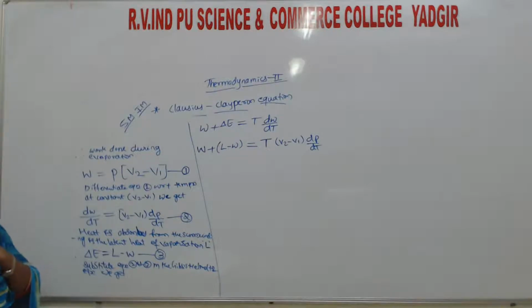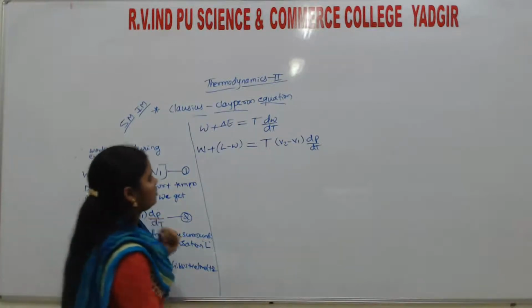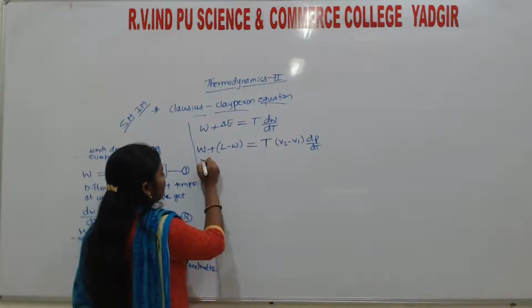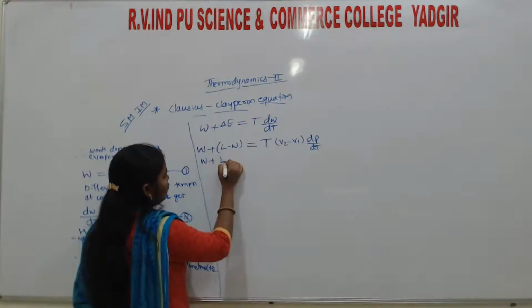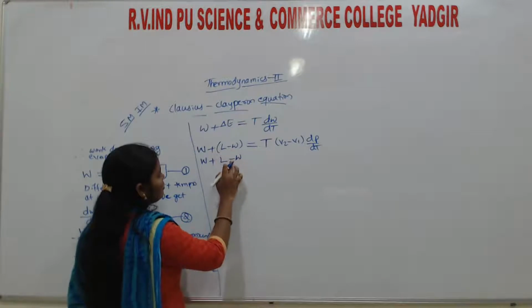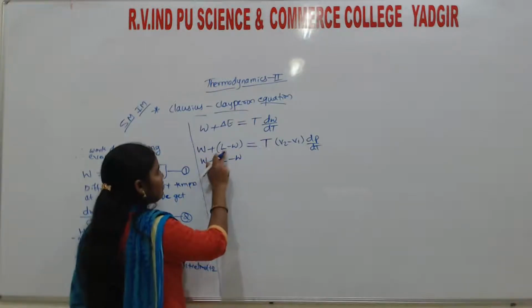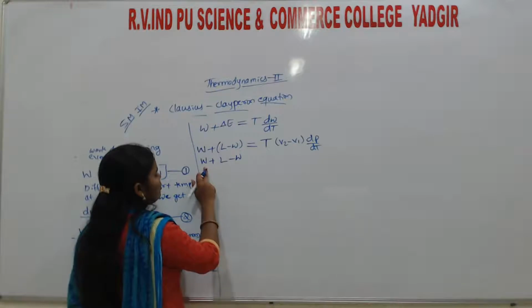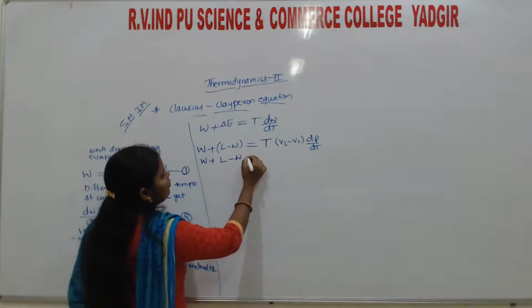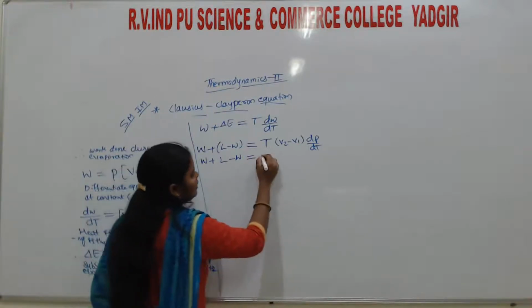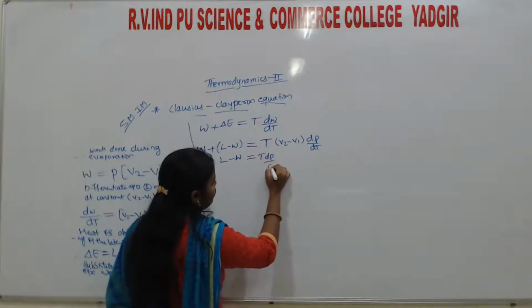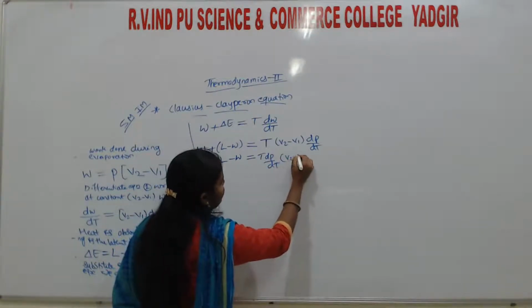Finally you get L is equal to T dP divided by dT into V2 minus V1.